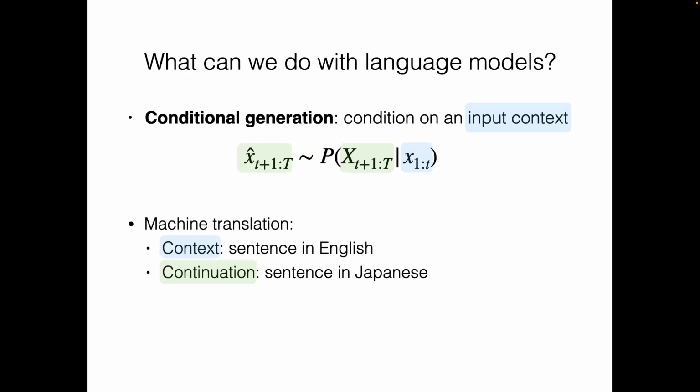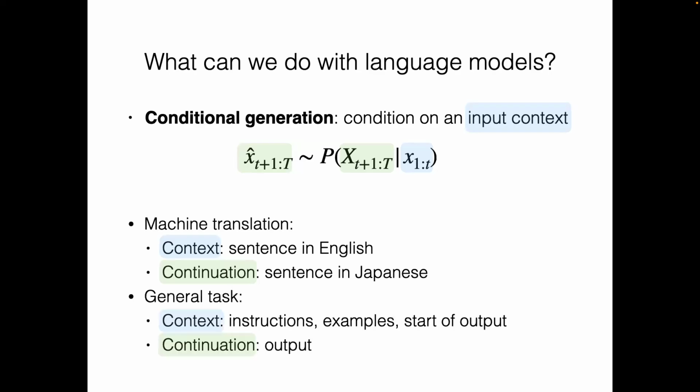And it turns out you can frame a wide variety of tasks in this way. So for instance, if you want to do machine translation, your context could be a sentence in English. And then this output or this continuation could be a sentence in another language. And in general, you can frame a wide variety of things in this way.